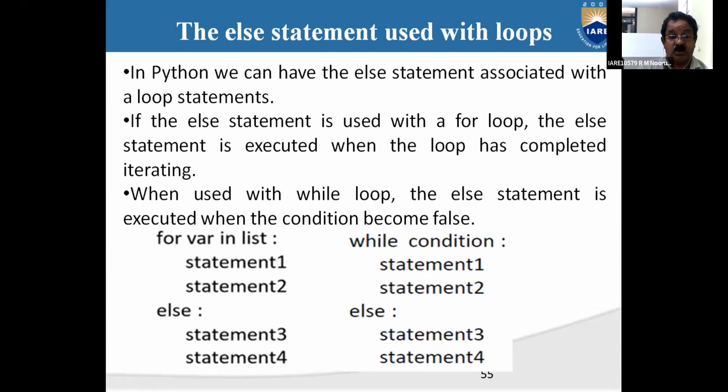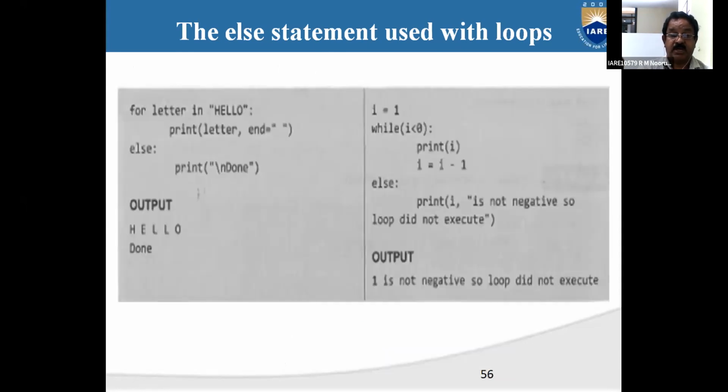Example that you have taken here. Say for example, for letter in "hello": print letter, end, else: print "done". So now you have made use of the else block also here.